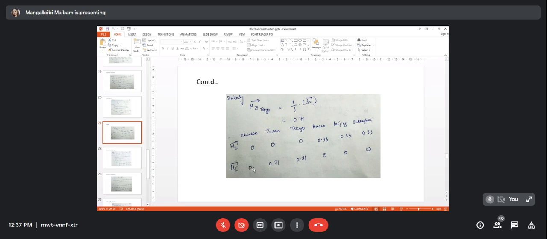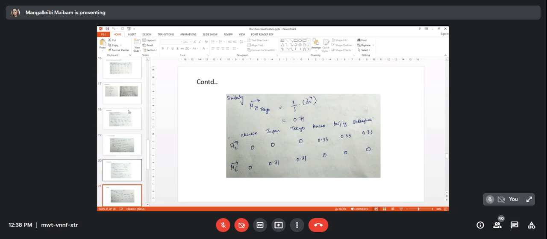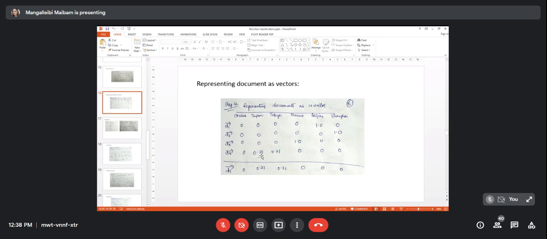So the document vector for Chinese in D4, then the document vector for Japan in D4, for Tokyo in D4, and so on, calculated based on the previous table, which is the document vector table.